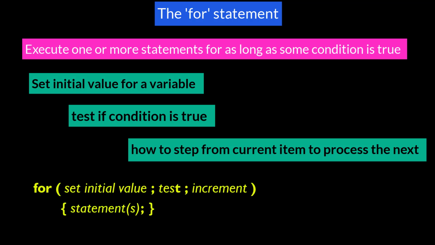The syntax is for, and then in parentheses, setting that initial value, semicolon, specifying that test, semicolon, and then the increment, meaning how do you step to the next item. And then after that, in braces, one or more statements. So that series of statements will be executed as long as that test is true.